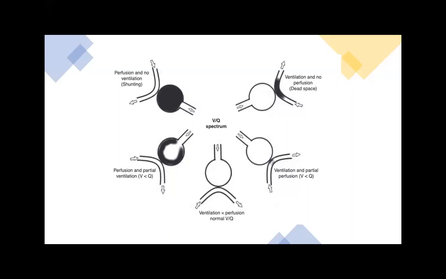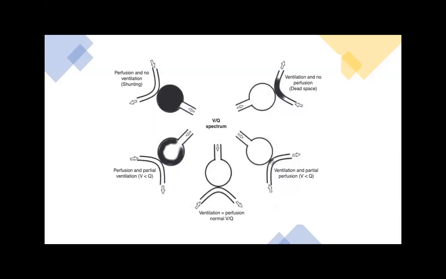But what gaseous defect do you see with this situation? So yeah, the main thing is that this side of the VQ mismatch will cause the problems in your CO2, and this side of the VQ mismatch will cause problems with your PaO2.